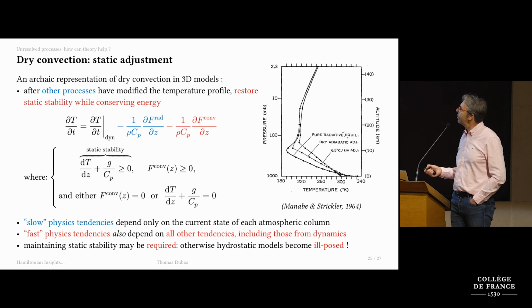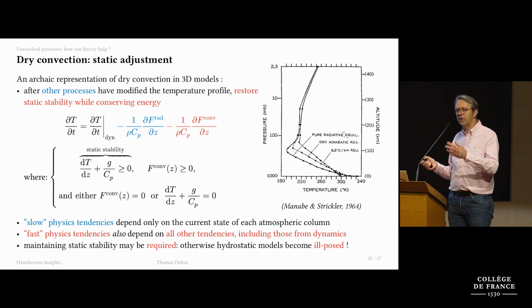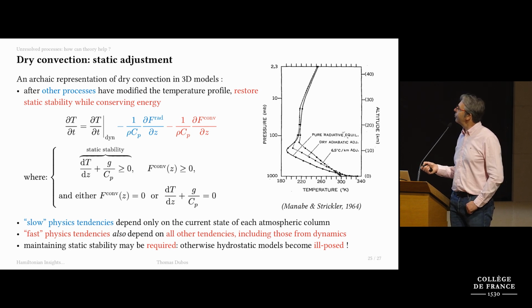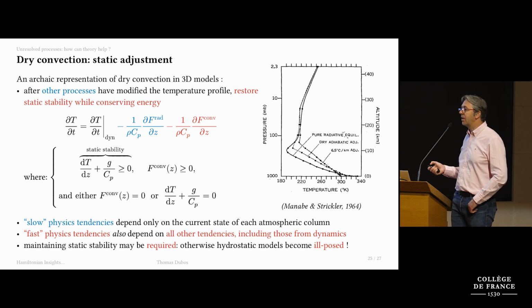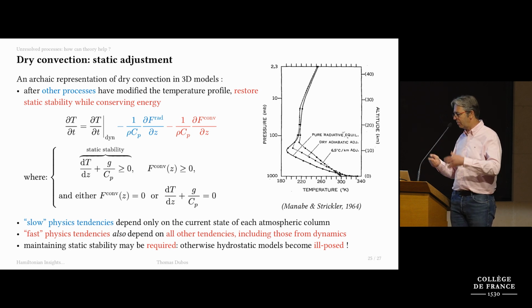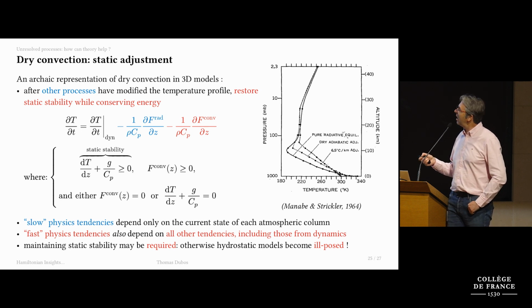So this will have an explicit expression, right? Something like minus u grad T plus other terms. So it's computable from the present state of the fluid. And this too, right? It's more complicated. You have to take into account millions of absorption lines, but it's doable.